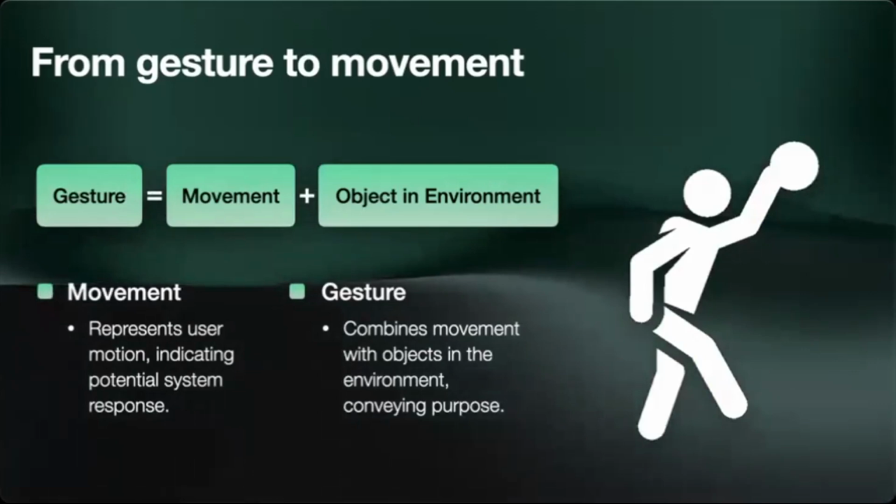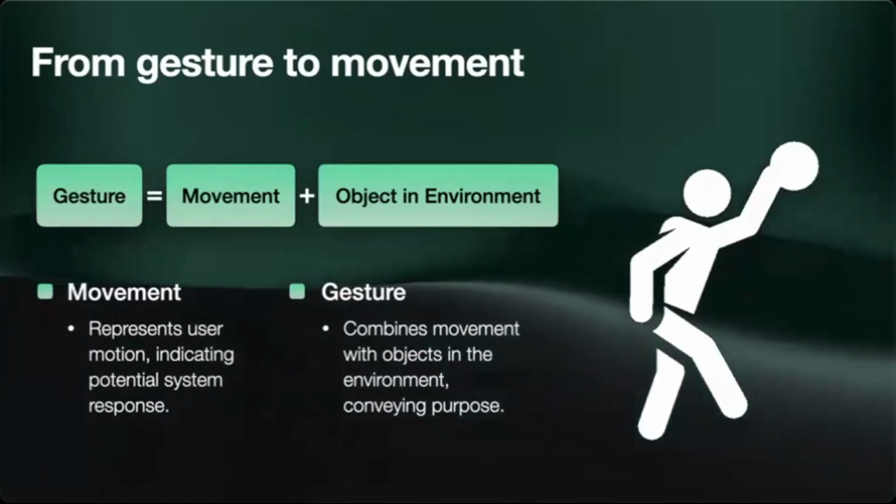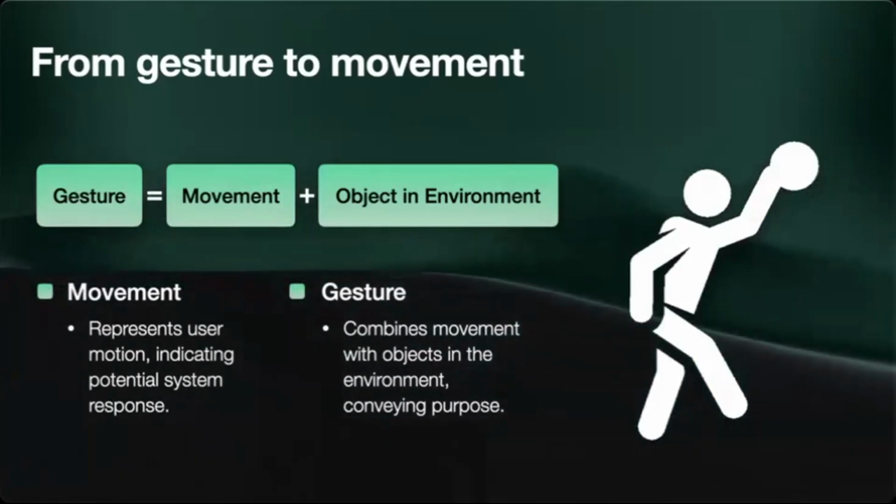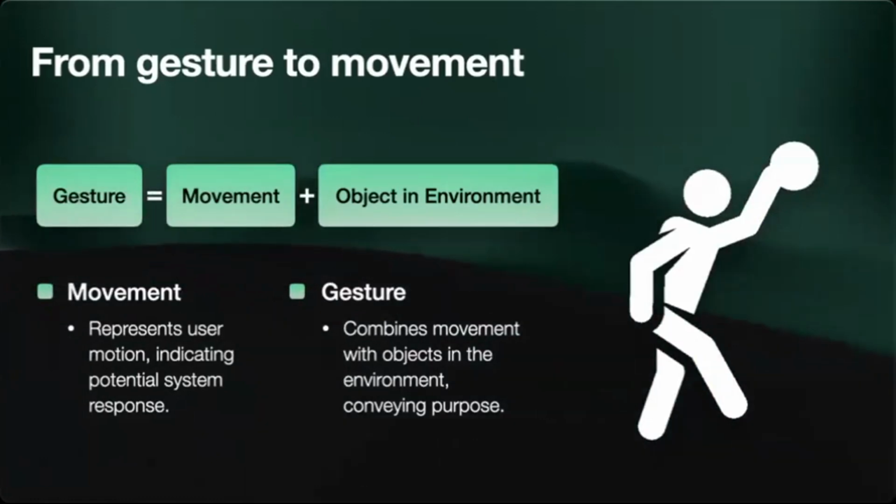And here, movements act as a signifier, the object and environment act as the signified, and the gesture is a combination of the two. Standardization on the definition of a signifier, in this case the movement, is essential because it is the first step in how people take in information.